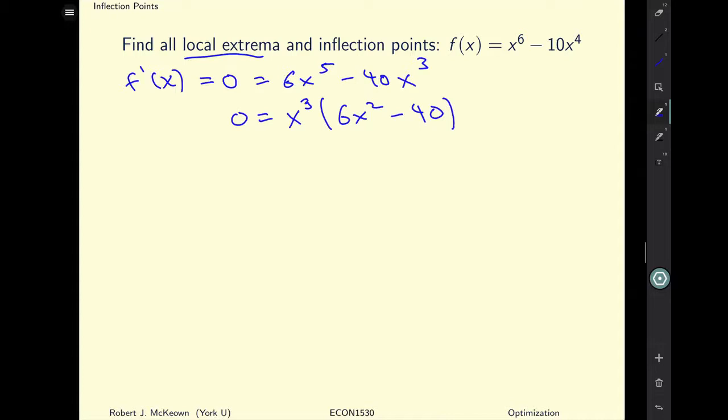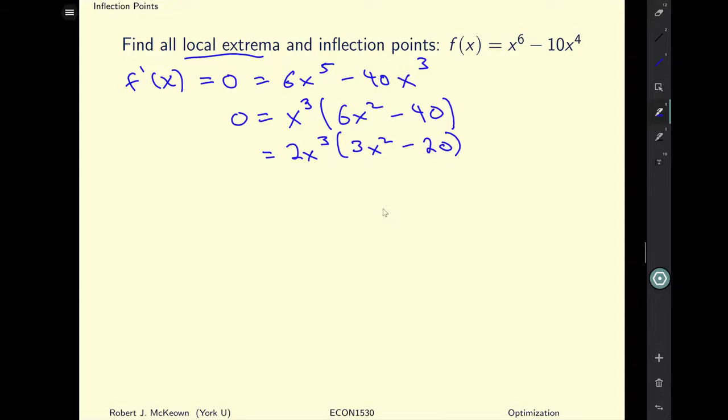And now I'm going to factor out a 2. And that looks like I've gone as far as possible with simplifying this expression.